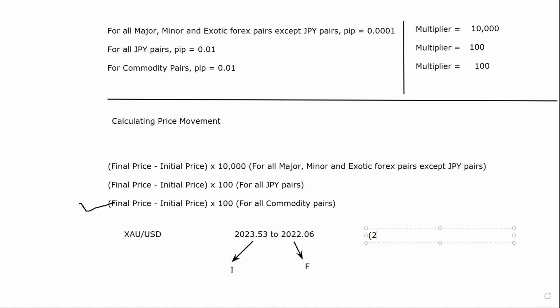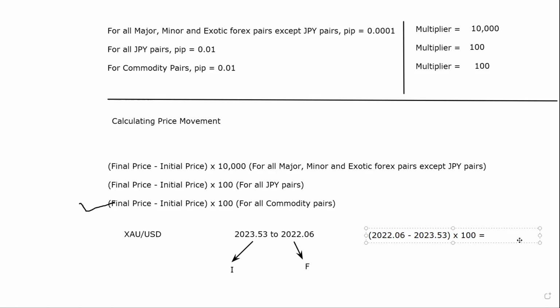So final price, which is 2022.06 minus 2023.53. Okay. And we're gonna multiply it by 100. And let's see what answer we get. 2022.06 minus 2023.53 multiplied by 100.